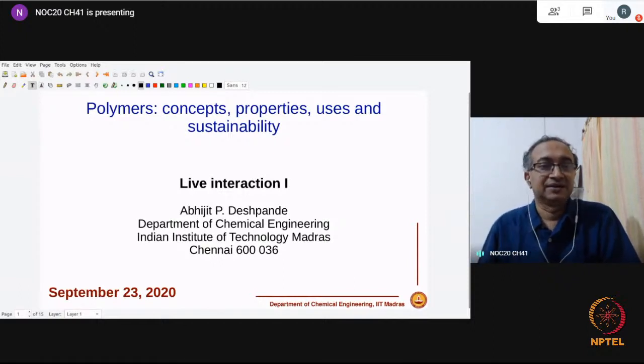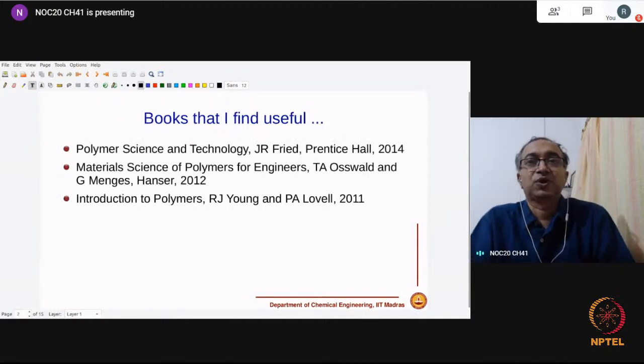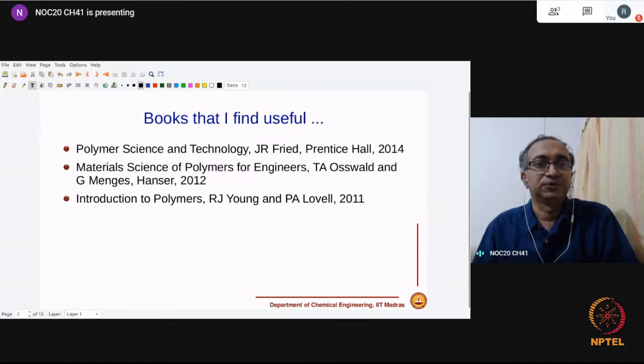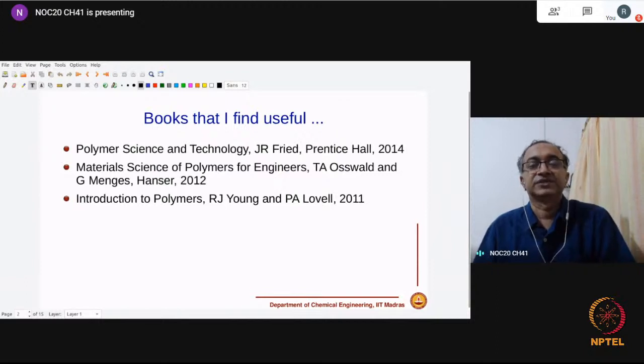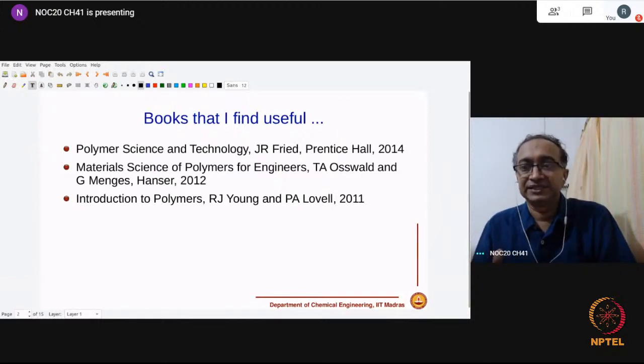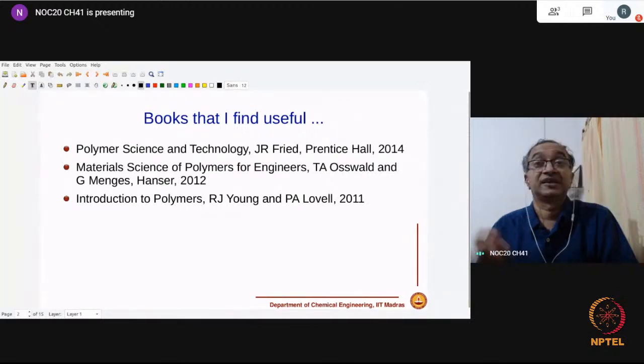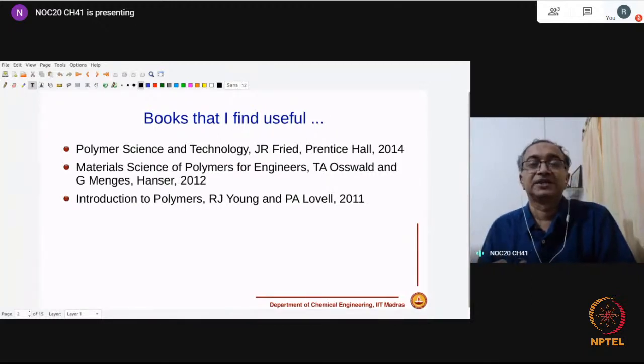One of the things that I wanted to begin with was a question which was already asked, saying, what books can be used. And of course, polymer science is a very rich field. There is emphasis on synthesis, chemical and electronic devices. So you have very wide-ranging topics, and so there are lots of books. These three are the books that I find very useful.